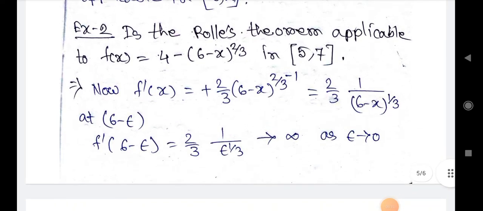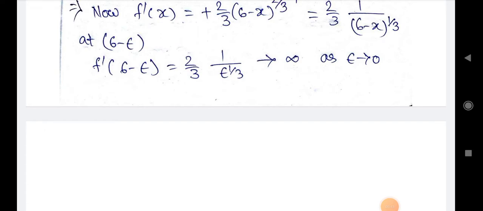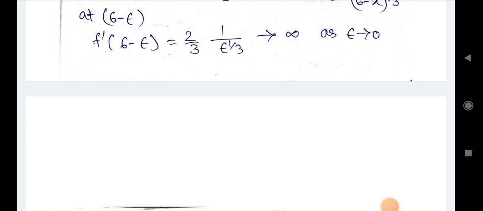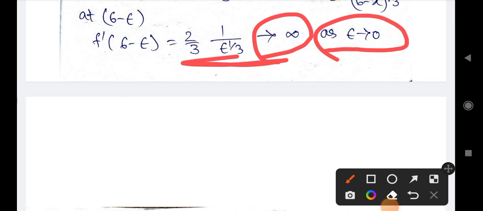Is Rolle's theorem applicable to f(x) equals 4 minus (6 minus x) whole to the power 2 by 3 in the closed interval [5, 7]? Now f'(x) equals 2 by 3 (6 minus x) to the power 2 by 3 minus 1, that is 2 by 3 times 1 by (6 minus x) to the power 1 by 3. Now f'(6 minus epsilon) equals 2 by 3 times 1 by epsilon to the power 1 by 3, which tends to infinity as epsilon tends to 0.